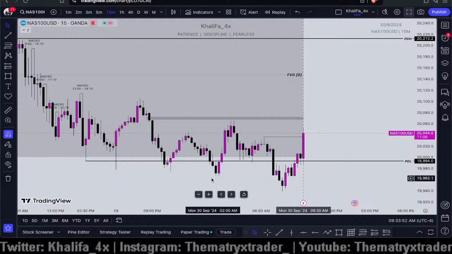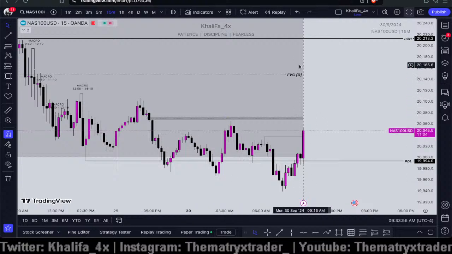This is what I'm expecting, to go for higher prices, and then as soon as the news comes up, we look for short entries.